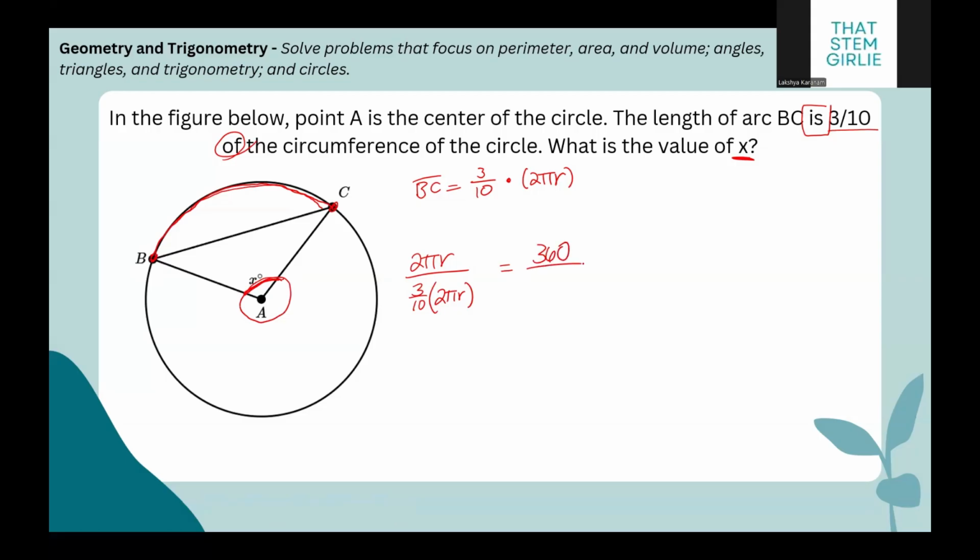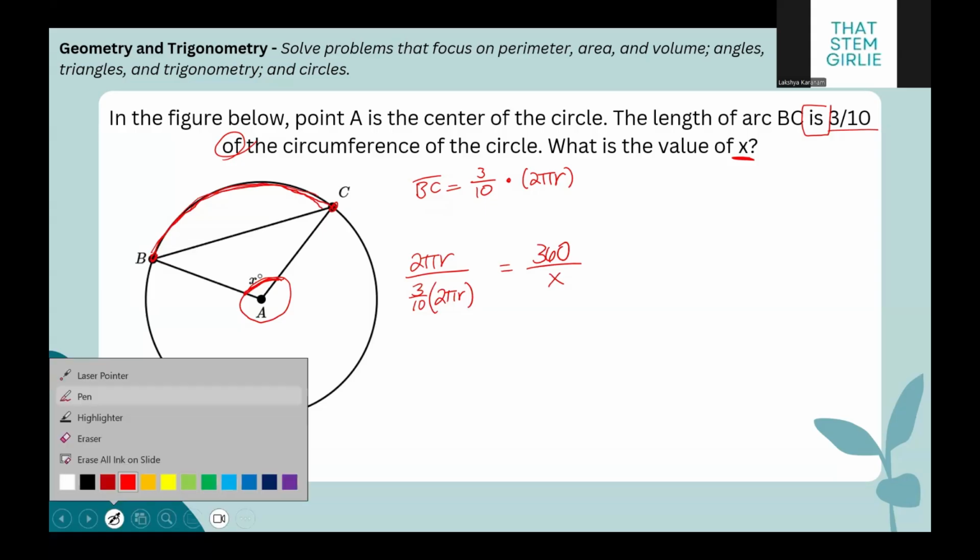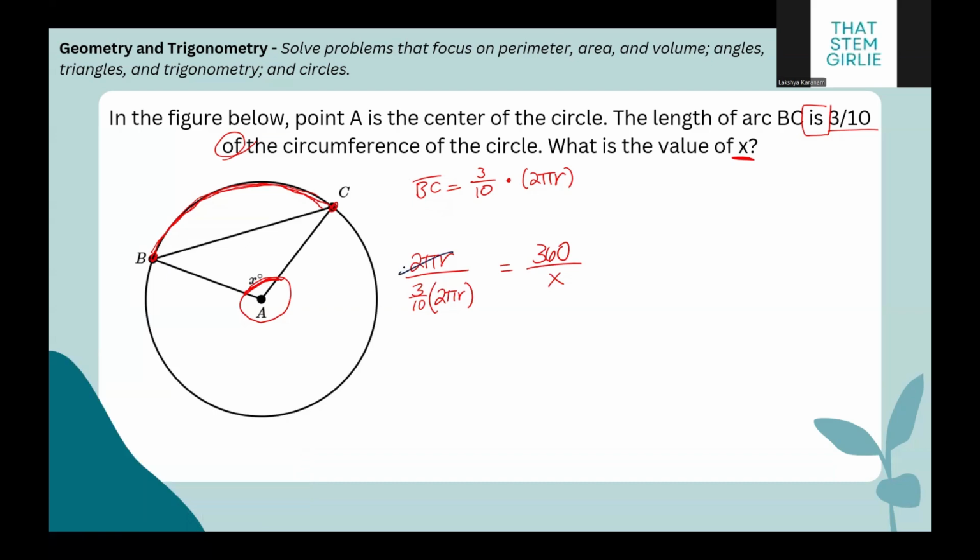And we want to find x, which corresponds to the arc length BC. We can treat this like a proportion and do the cross multiplication. But before we do that, you might notice that the 2 pi r will actually cancel. So this ends up being 3/10 over 1 equals x over 360.